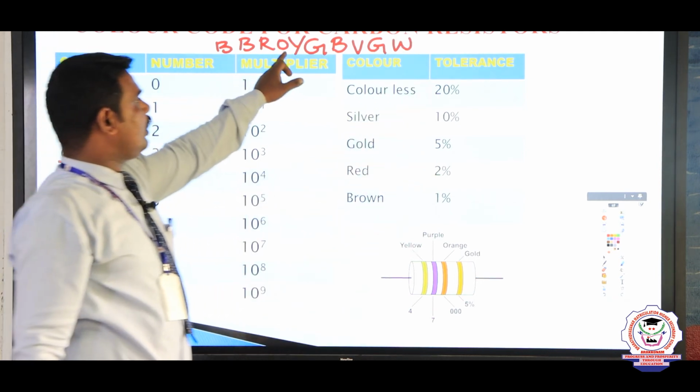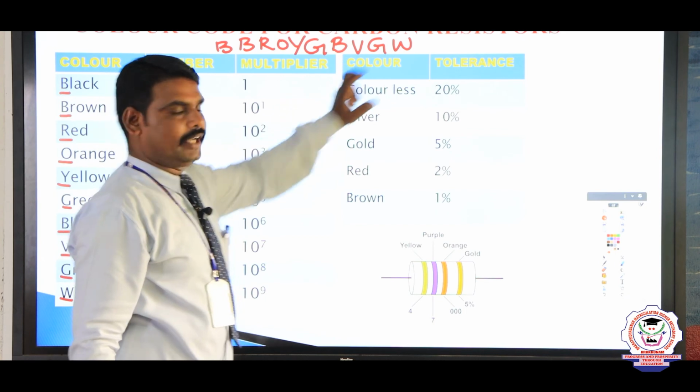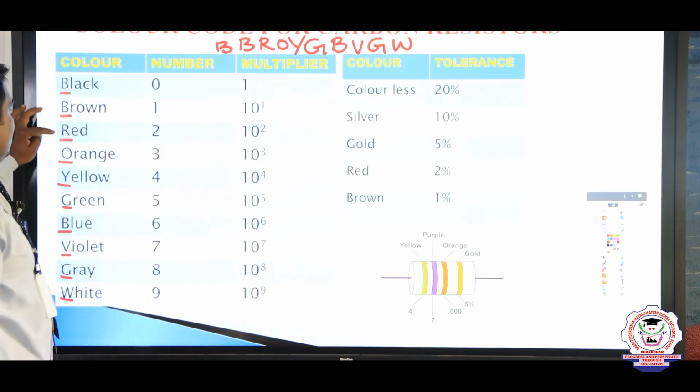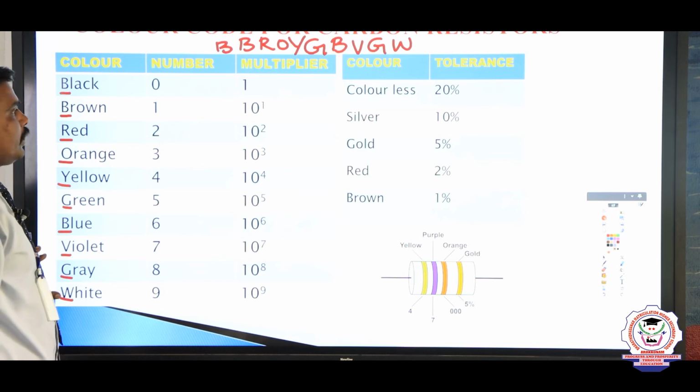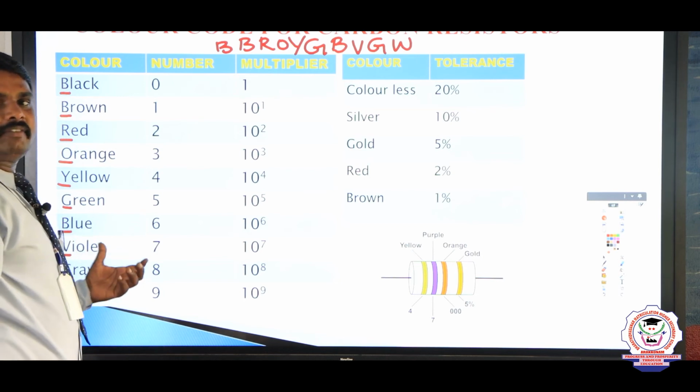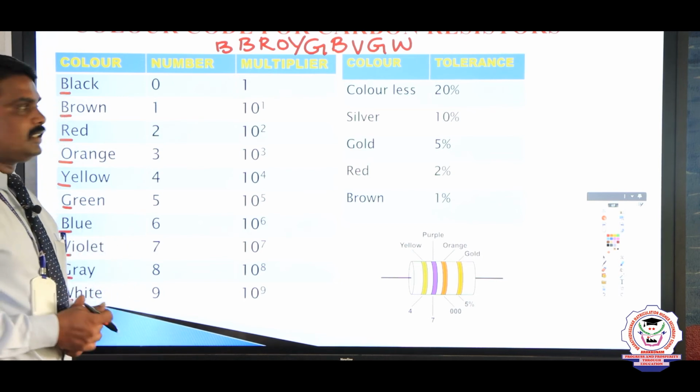That is black, brown, red, orange, yellow, green, blue, violet, then gray, white. By using this mnemonic we can easily memorize, right?